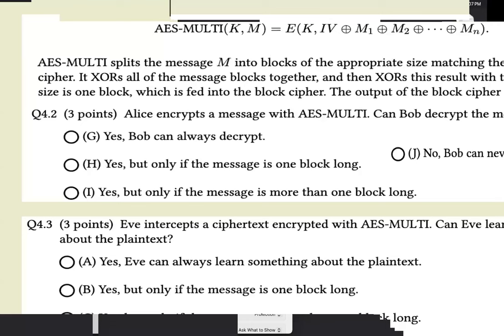Because it's pretty much just one block cipher without all the chaining. Exactly. And anything beyond that would be losing information because you basically merged M1 and M2 together, it just becomes M prime, and there's just no way for you to know whether it was M prime or actually M1 XOR M2. Let's do the other one as well.